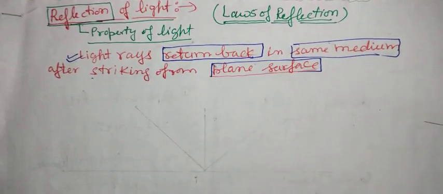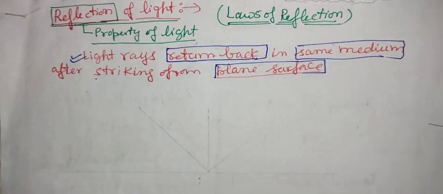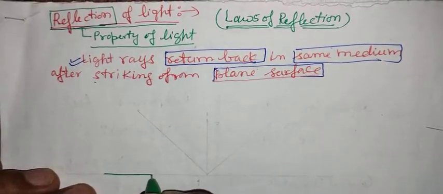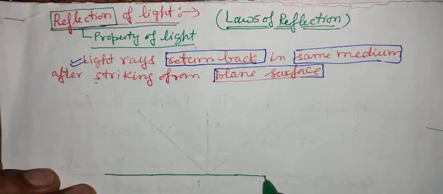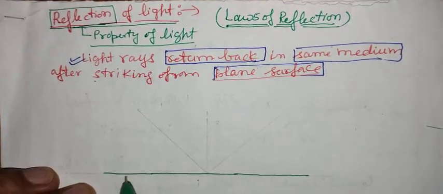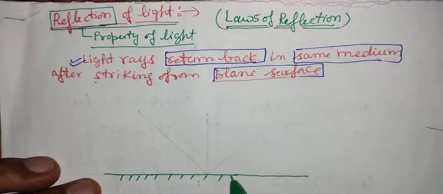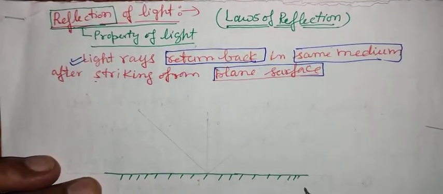So let us see carefully this phenomenon. In this phenomenon of light, consider a plane surface. Consider it is a plane mirror.